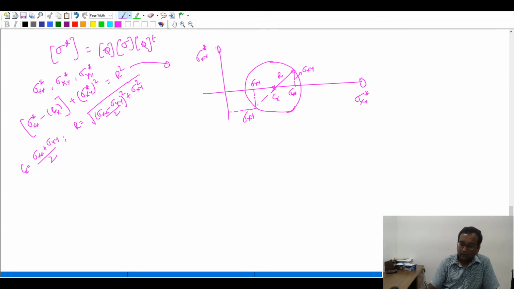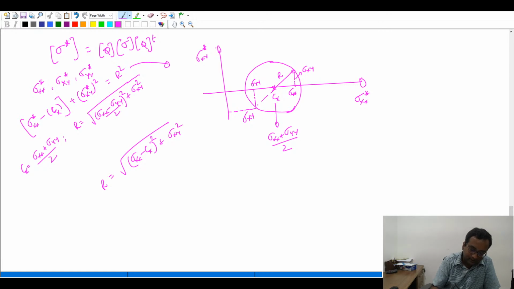So now from here you know that the center of this line is going to be sigma xx plus sigma yy by 2, and the radius is given by the square root of sigma xx minus c of x whole square plus sigma xy whole square, which is what we are given as the equation there. So this is how you draw the Mohr's circle.